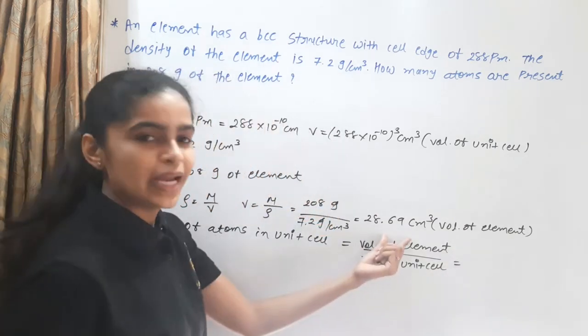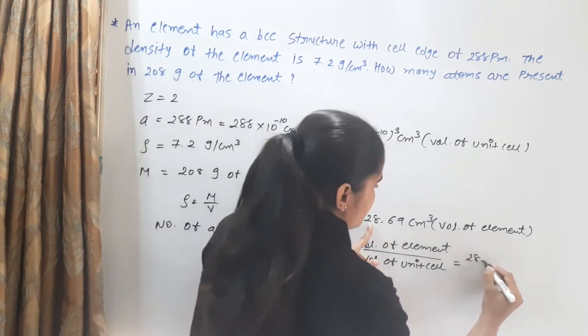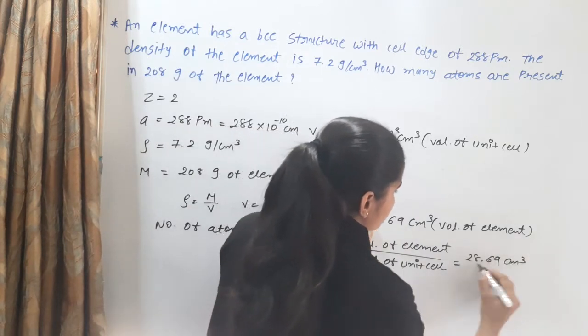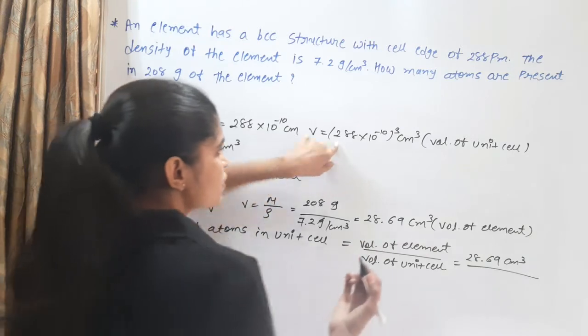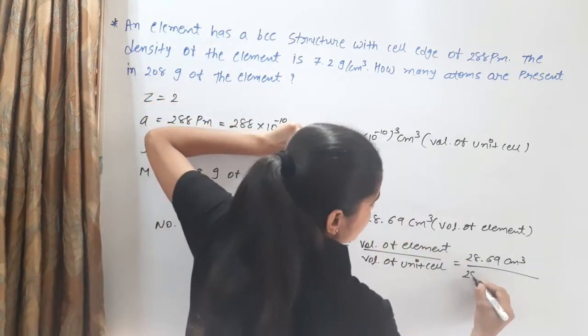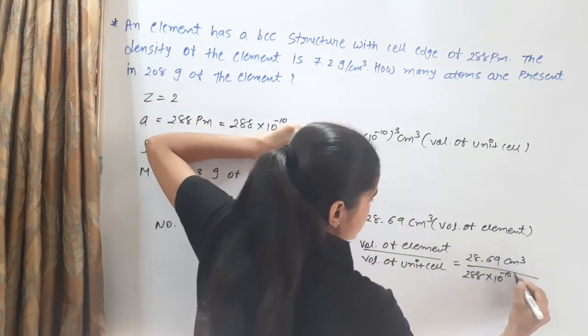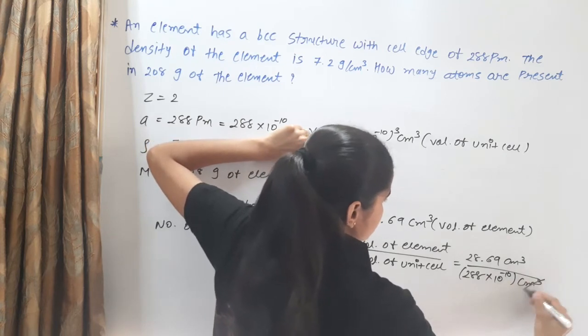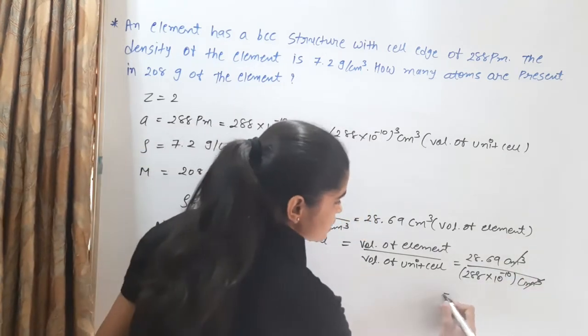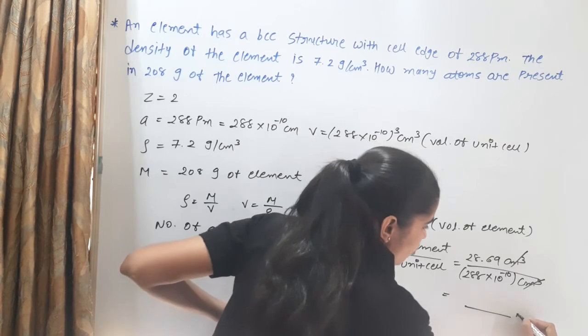Volume of element is equal to 28.69 centimeter cube upon the volume of unit cell, 288 into 10 raised to minus 10 centimeter cube. Centimeter cube cancels out. It gives the number of atoms.